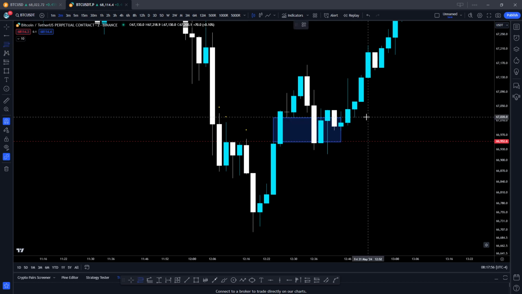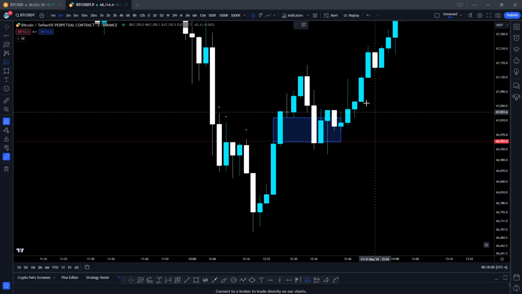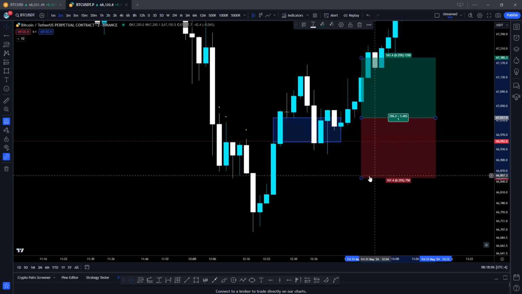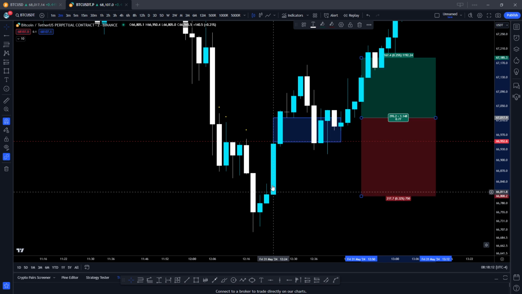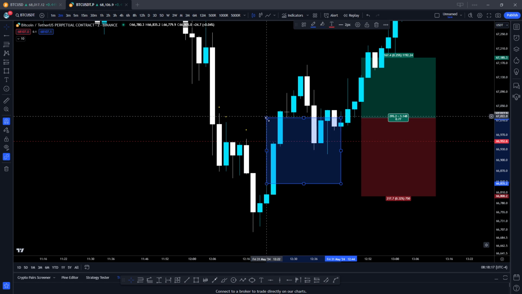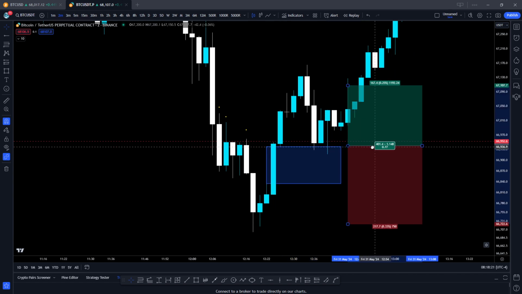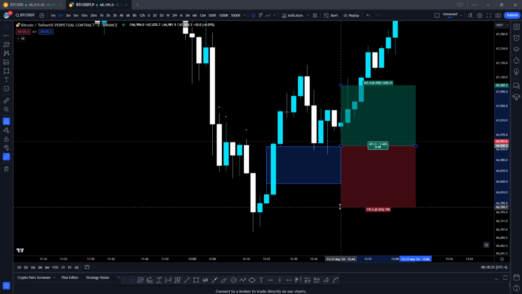Now with these, I would just put a long position at my entry, at my fair value gap at the top here, and I would go below the first candle of the fair value gap. On this one, to help with my risk to reward, I'd rather play off of this one.